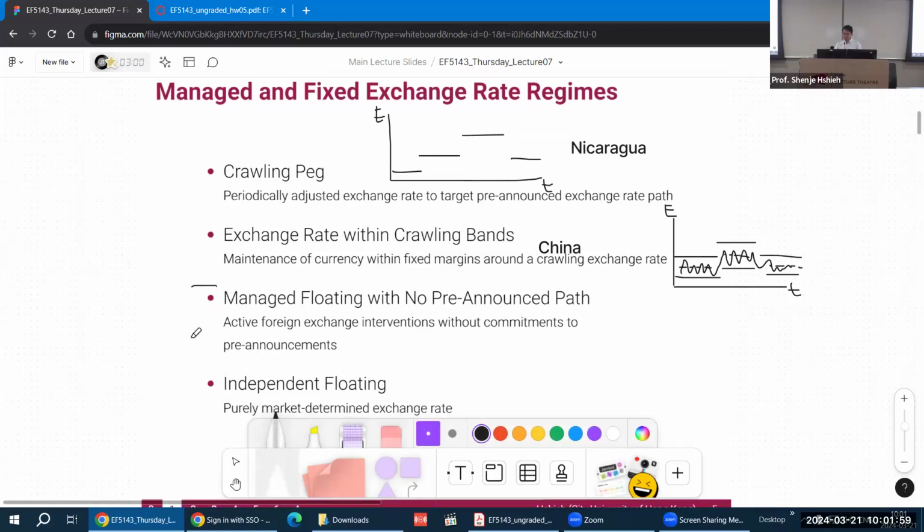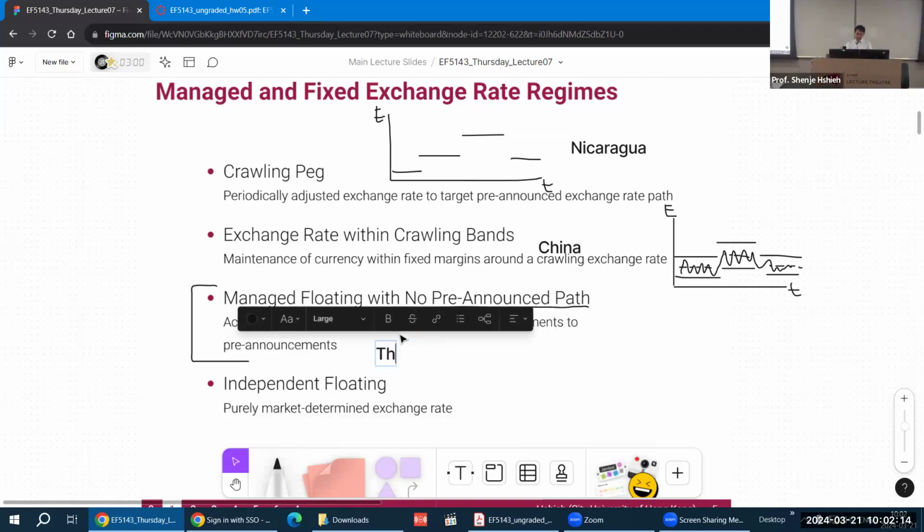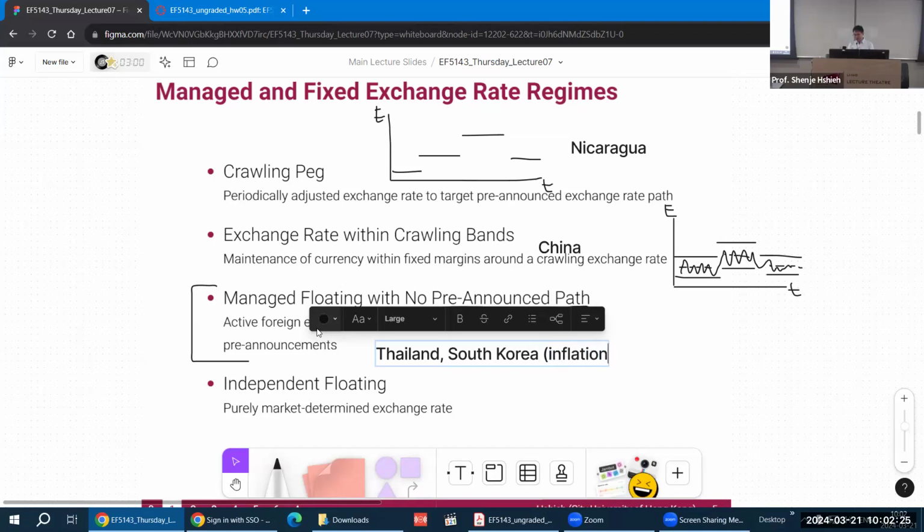All right. Managed floating with no pre-announced path. So these countries are quasi-floating, but they may intervene to achieve some targets in the short run. So countries like Thailand and South Korea. More or less floating, but they may intervene to perhaps achieve inflation targets.